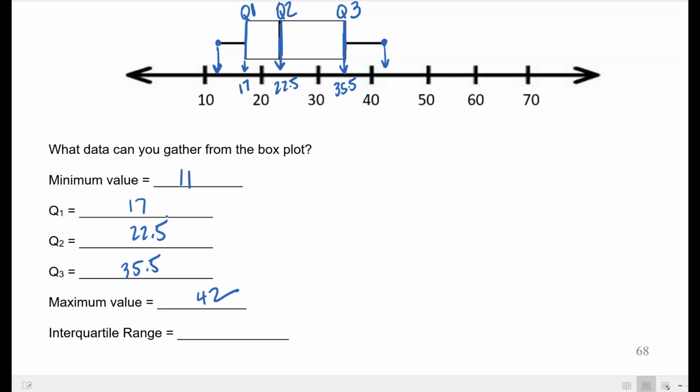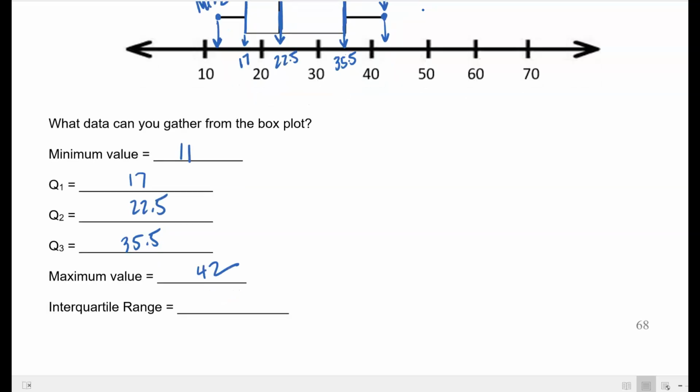So again, we've got our minimum, our Q1, our Q2, our Q3, and then our maximum of our data set. And each one of those is a part of that box.